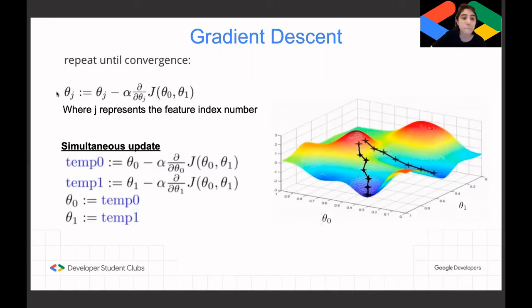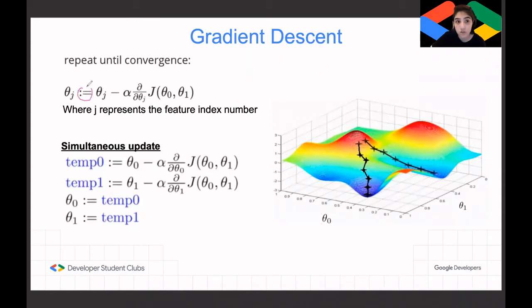So the way that this would work is that j over here would be 0 and 1. For example, let's consider the instance where j is 0. So we start off with theta 0, and this notation is used for assignment.